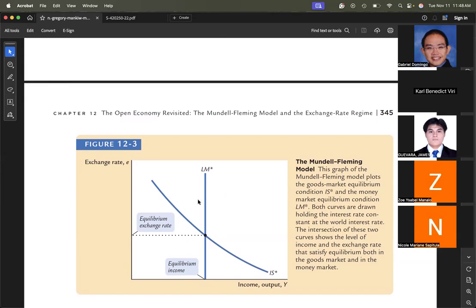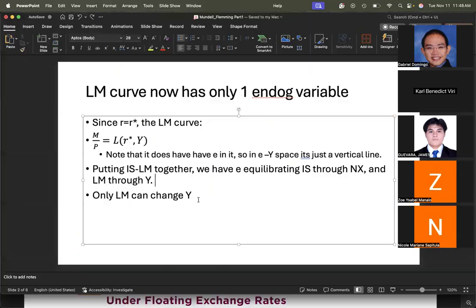Okay. So let me make sure everyone understands it, right? So when we say that Y is determined by the LM curve, what are the three variables that will help us determine Y? Anyone? Importante to. So in fact, wala kasi tayong numerical example.